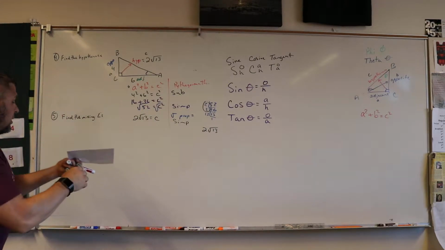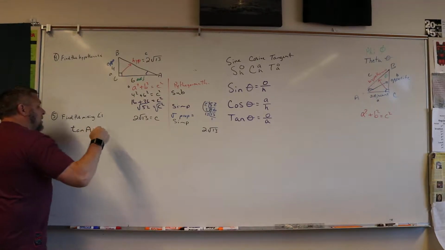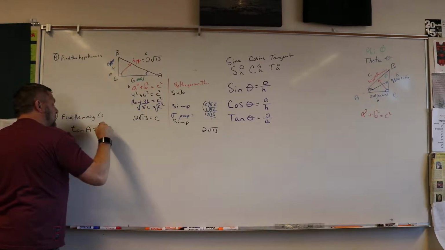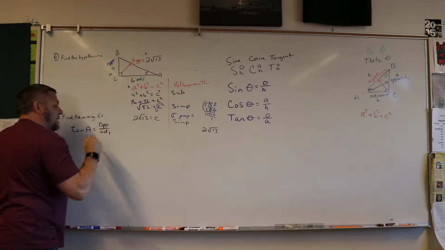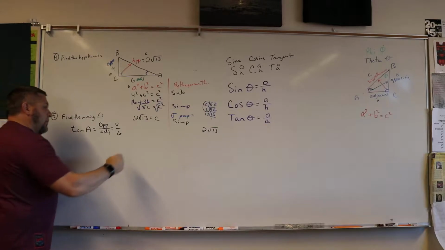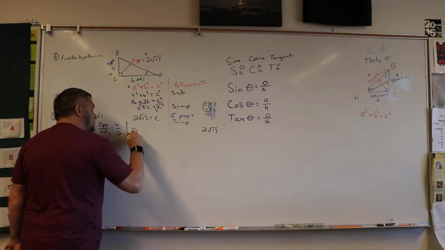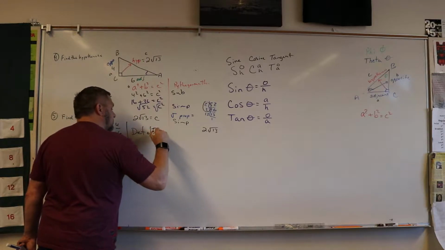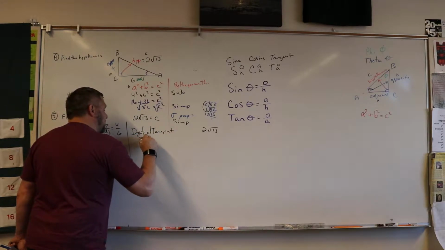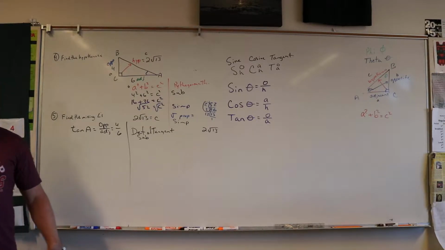So I set that up. Tangent of A is equal to opposite over adjacent, which is equal to 4 over 6. We just did two things: the definition of tangent, and substitution. Now what? Well, there's this thing called the inverse.